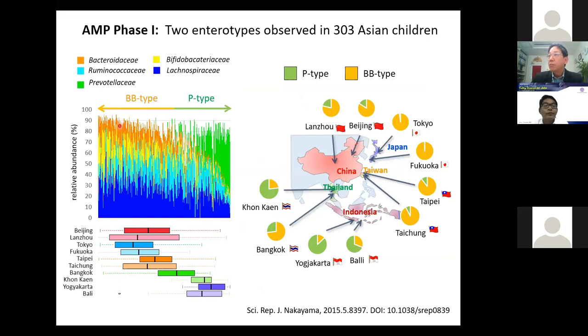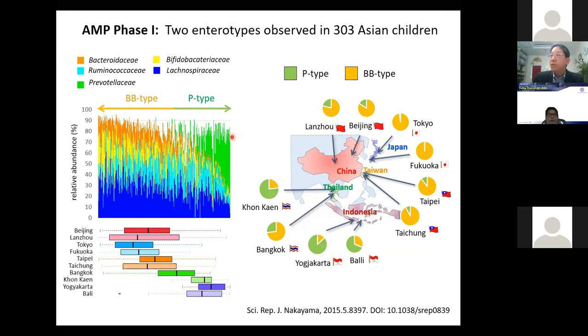The 303 microbial composition data in a bar graph, and I arranged the 303 data in the order of Prevotella abundance. Left is very short in Prevotella, Prevotella is green, and right is rich in Prevotella.